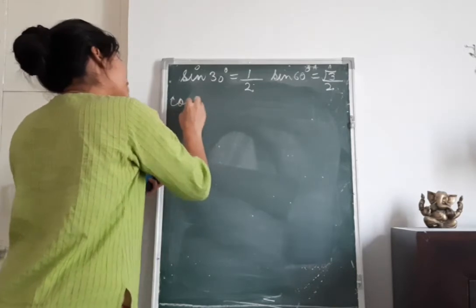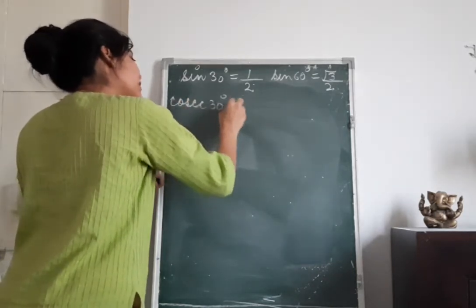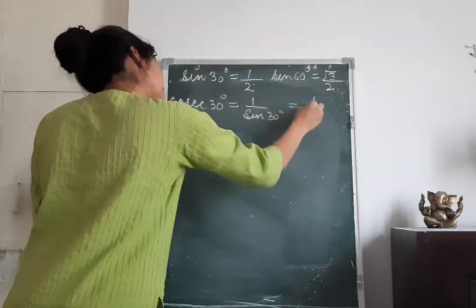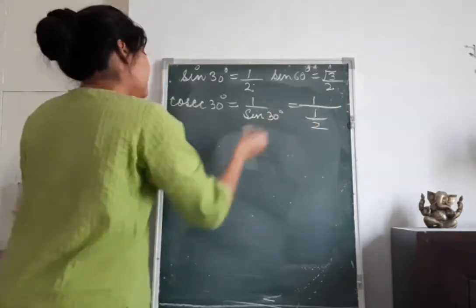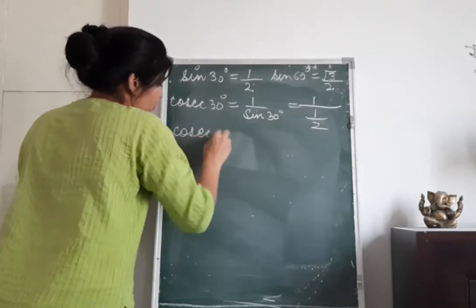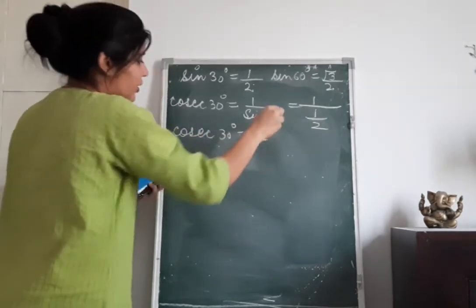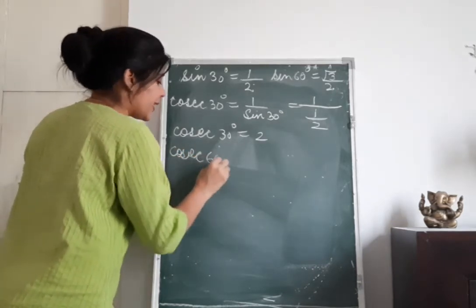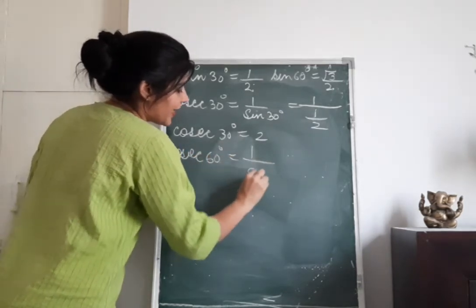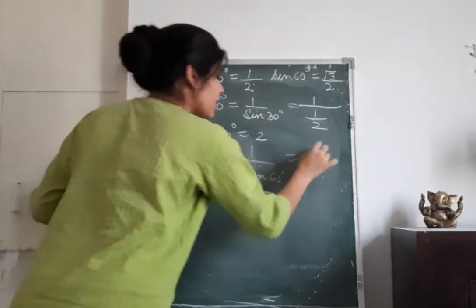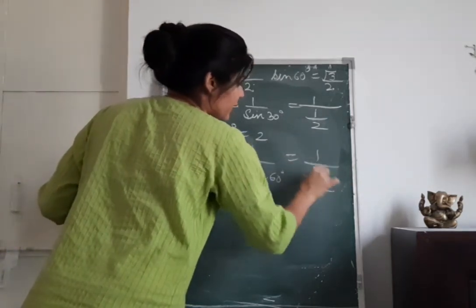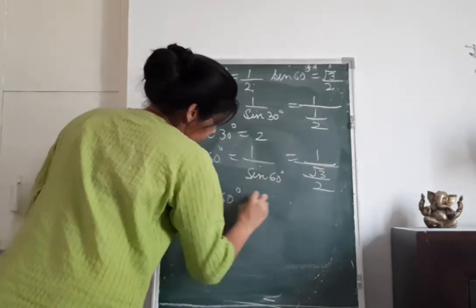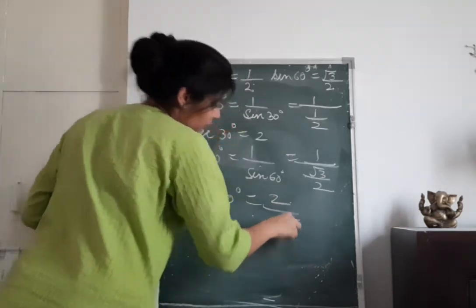Now, cosec of 30 degrees is going to be equal to 1 upon sin 30 degrees, that is 1 upon 1 by 2. That gives me cosec 30 degrees as 2. In a similar manner, cosec 60 degrees will be equal to 1 upon sin 60 degrees, that is 1 upon root 3 by 2. That is, cosec 60 degrees is equal to 2 upon root 3.